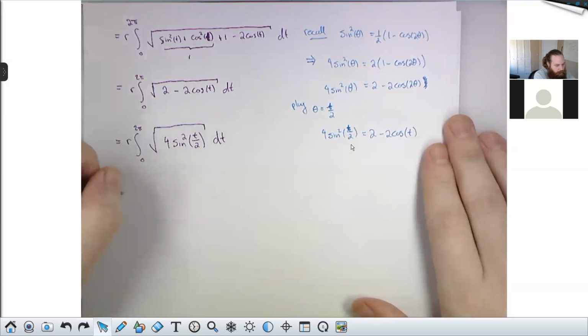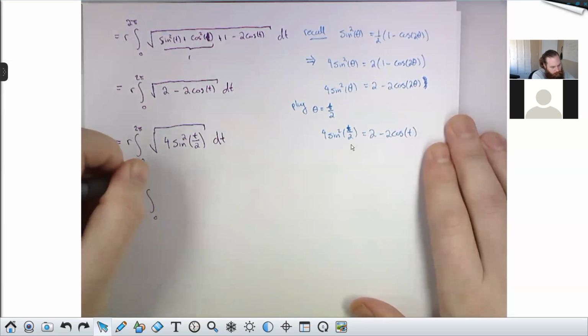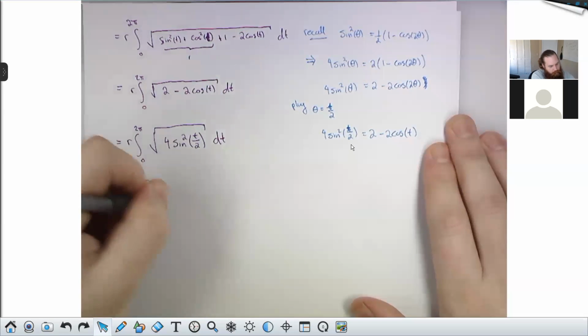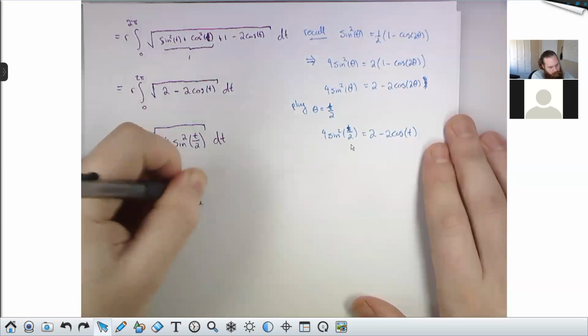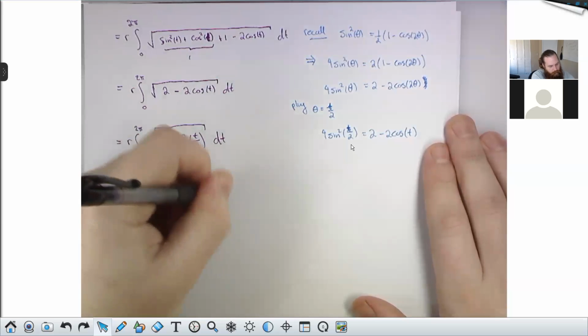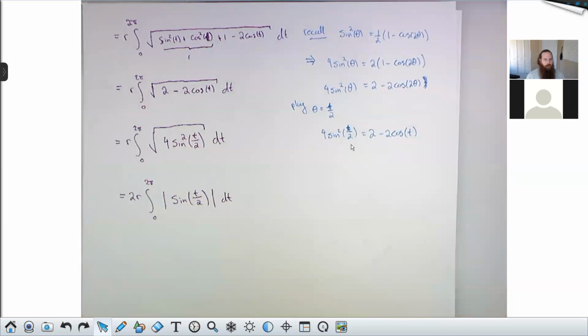So the 4 can come out as a 2. And if you're being careful here, you would write this as the absolute value of sine of t over 2, dt, right? When you take square roots of x squared, you don't get x, you get the absolute value of x. We need to verify that this function is positive on this interval. What does this function look like? Sine of t over 2.